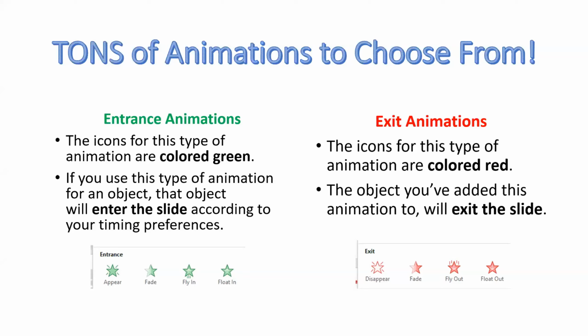Your exit animations are used for an object or word that will exit your slide like this. The icons for this type of animation are colored red. The object that you've added this animation to will exit the slide according to your time preference or with the click of your mouse. So it just depends on what you want it to do.